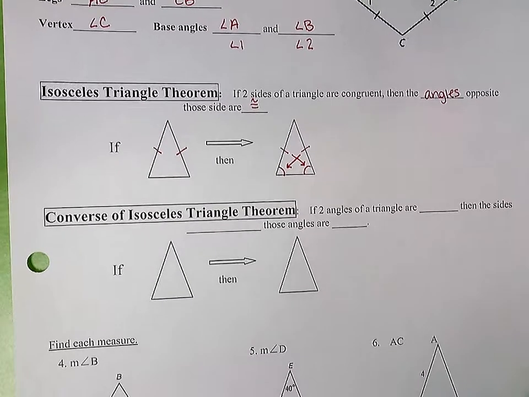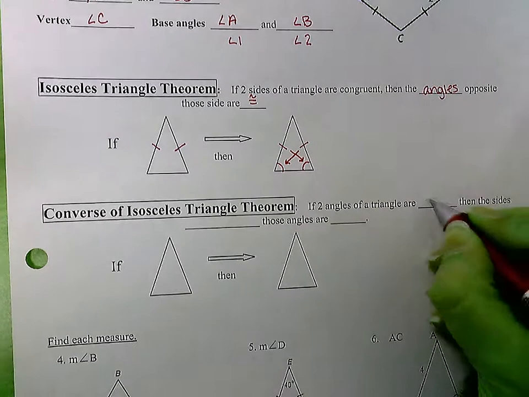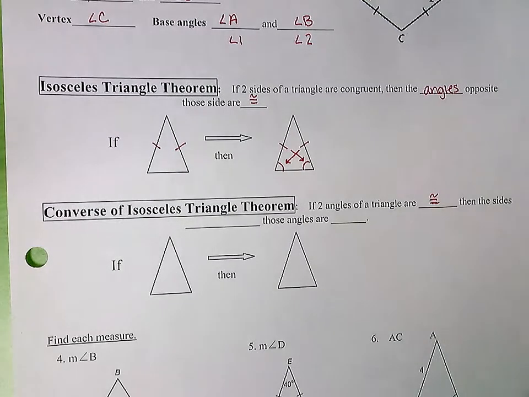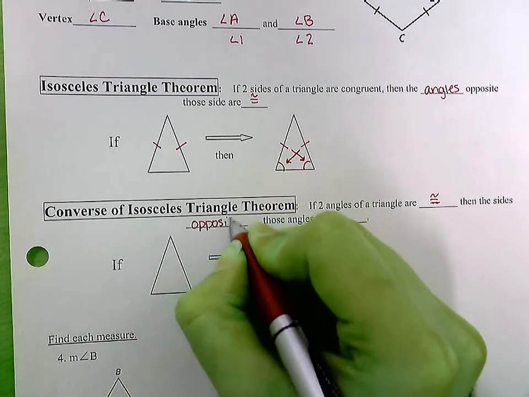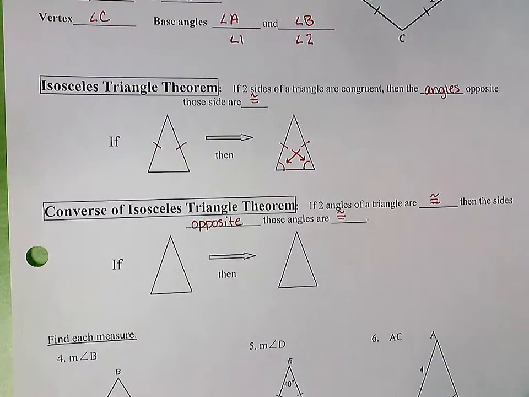We do have a converse of this theorem. Okay, so the backwards statement of this. So if two angles of a triangle are congruent, then the sides opposite those angles are also congruent. Okay, same thing, just reverse.